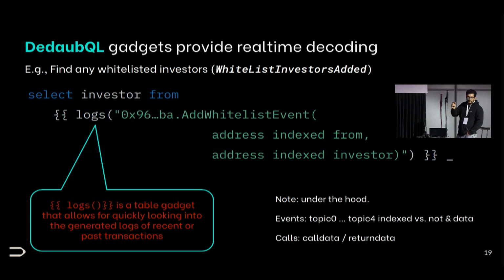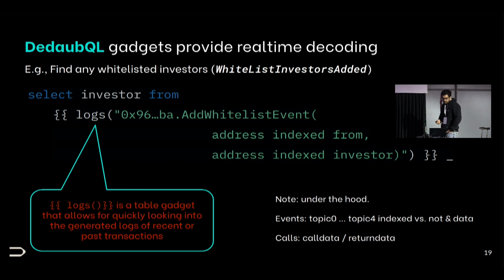Here is the address that I want to filter by, and also the ABI of the particular event that I want to decode. And this decoding is done in real time. So we never store the decoded information in our database, because that's like 3 times larger than the original information.